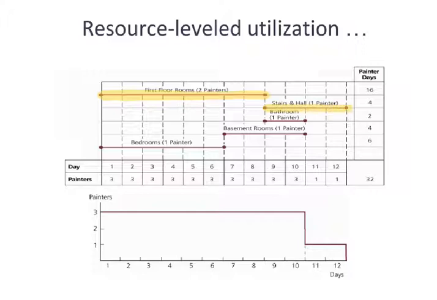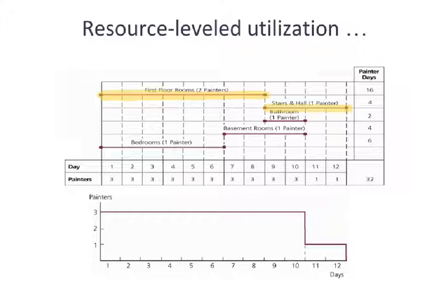Those two have zero slack. Since they have zero slack, there's nothing more we can do with them. They exactly finish by the completion of the project. So we're going to leave them alone. But we can adjust other items as needed in order to be able to limit our resource utilization.